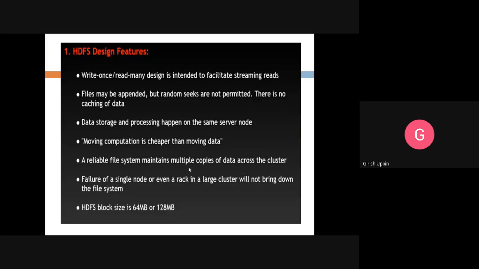That is the reason multiple copies are kept. Whenever one data node goes down, the information that was stored on it is available with the name node. The name node has all the mapping of what data is stored in each data node. So whenever one node goes down, it knows what data was there, and it will replicate it on some other data nodes. That is how it becomes a very reliable file system.